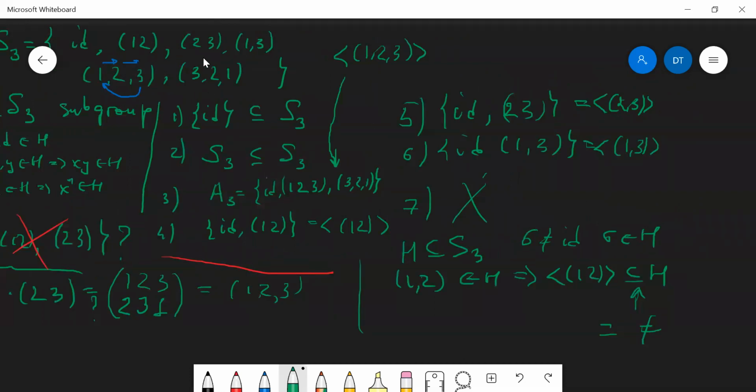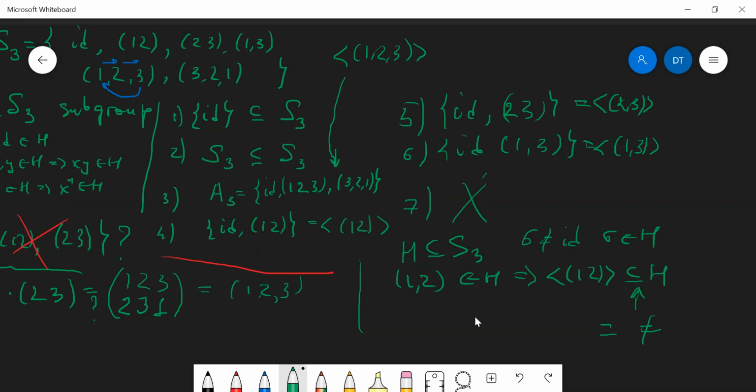So in an analogous way, considering other cases, we have the same situation. The corresponding cyclic subgroup of the element is a subset of H. And if it's equality, then this is one of these cases, 3, 4, 5, or 6.